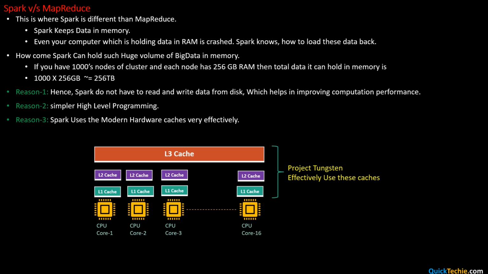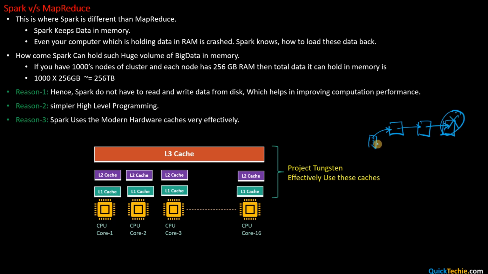Now, let's discuss a few more points between Spark and MapReduce. This is where Spark is different from MapReduce. Spark keeps data in memory, as I said, correct? So they don't write and read from the disk again and again. Once they read from the disk, Spark keeps the data in memory. Even if your computer holding data in RAM crashes, Spark knows how to load this data back, correct? Suppose you are in a Spark cluster, processing data that is loaded in Spark, it does some calculation and this machine crashes.